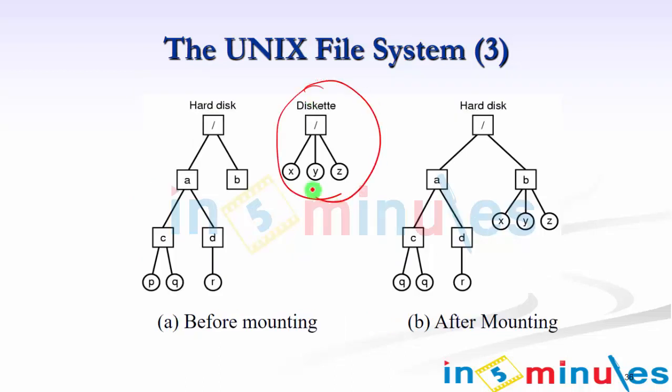Consider that diskette, which in modern language means a hard disk drive. Suppose we want to install it in Unix, we cannot directly access a disk, we need to mount it. How is the mounting done? We have a node which doesn't have any devices or responsibility of any devices. We'll take the device and connect it to B, and it will look something similar to this.